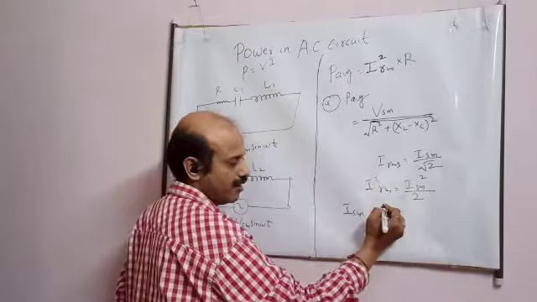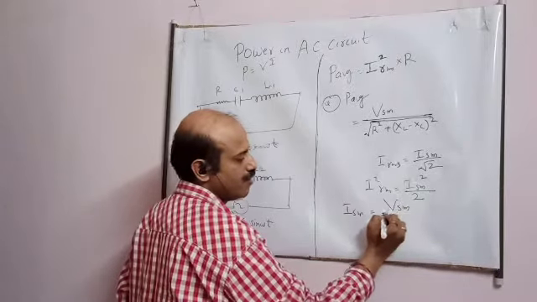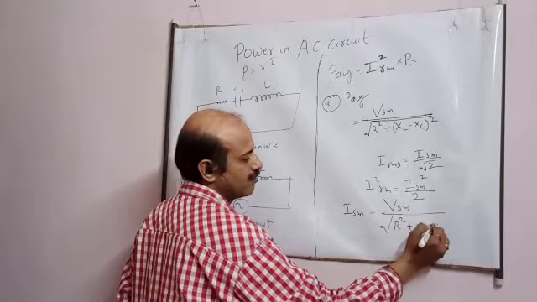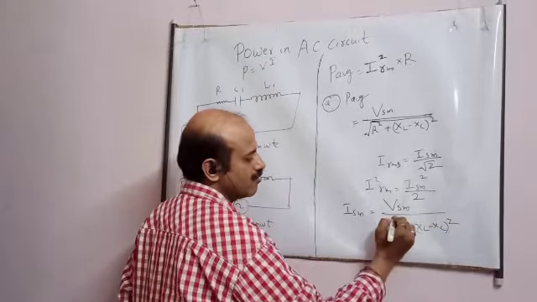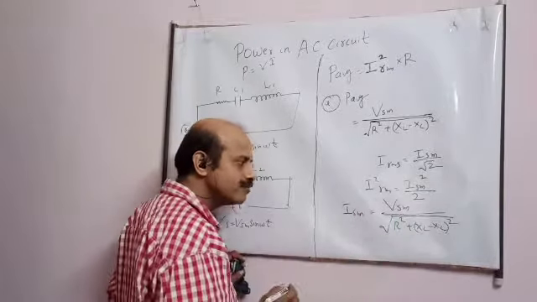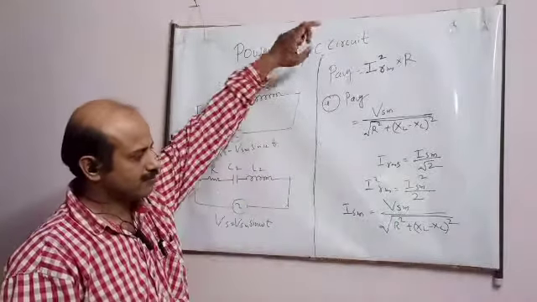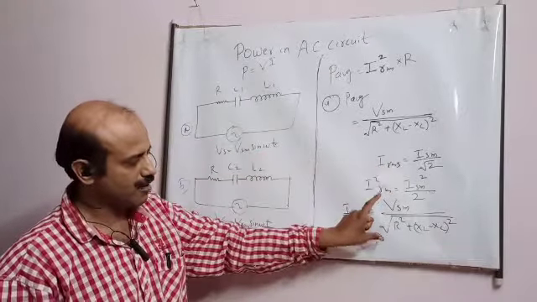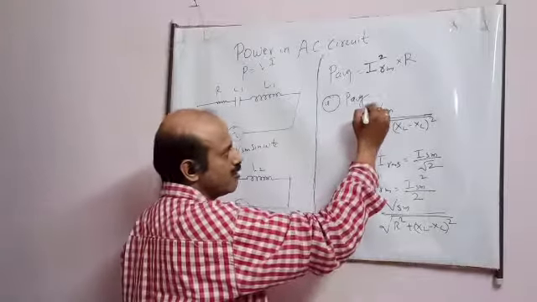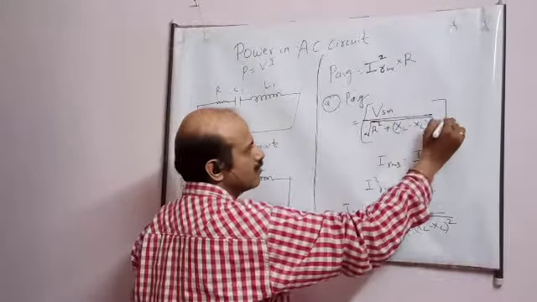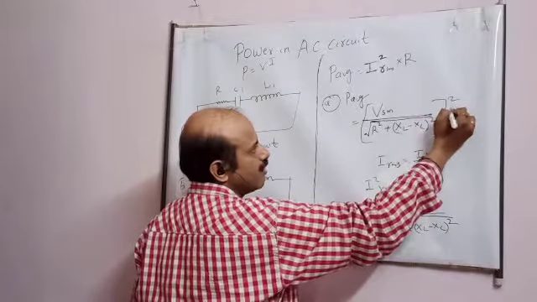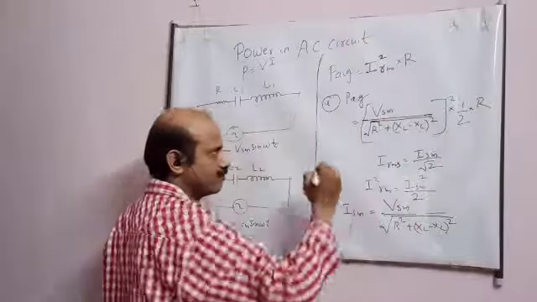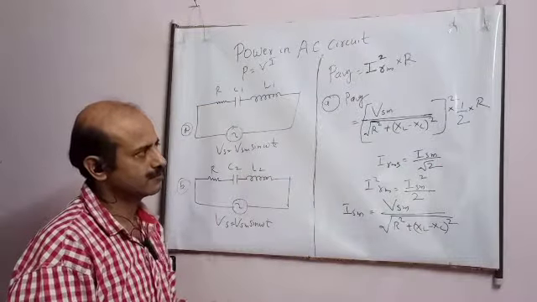And what is the value of I max? I max means the maximum current, student. V max upon under root R square plus XL minus XC whole square. So here I have to write the value of I square RMS. This square by 2, so this whole square upon 2 will come, student, into R. Okay, student?